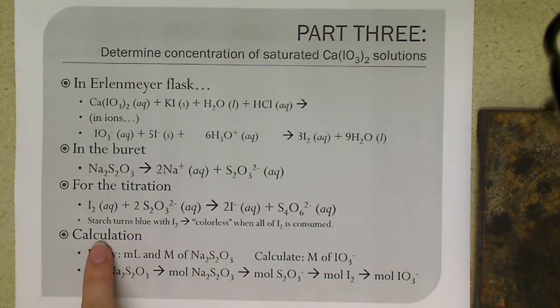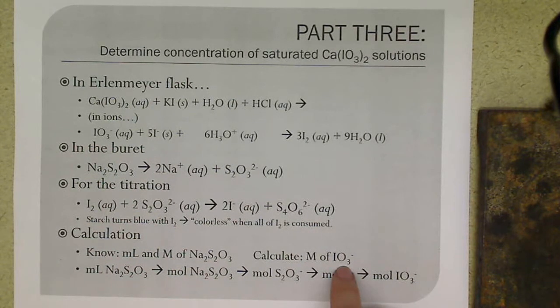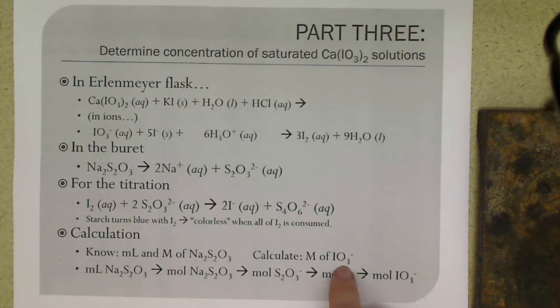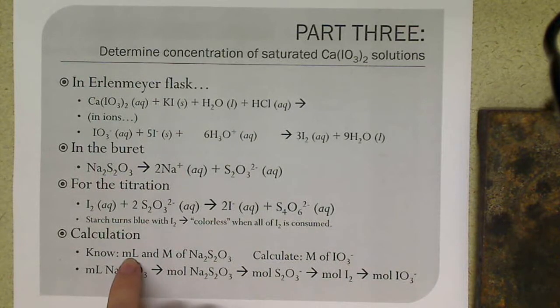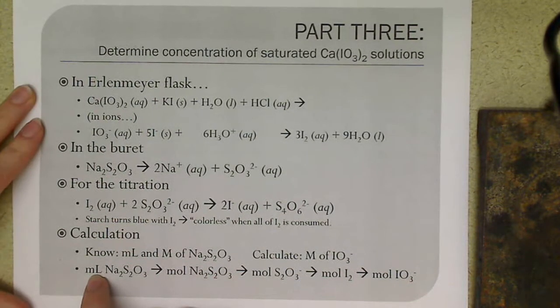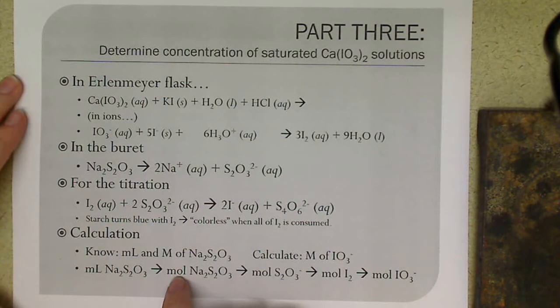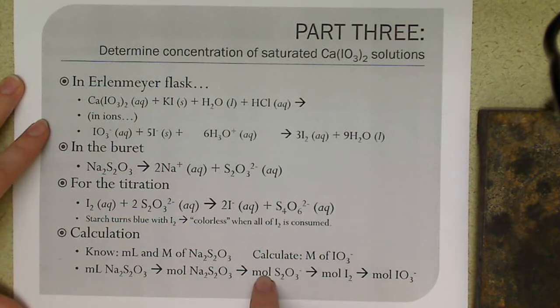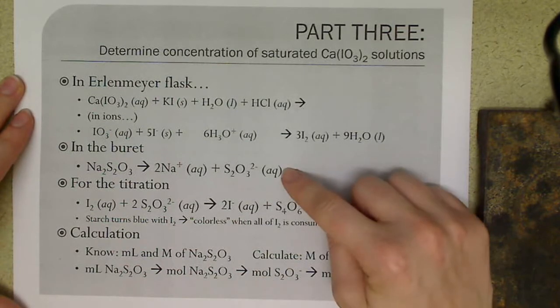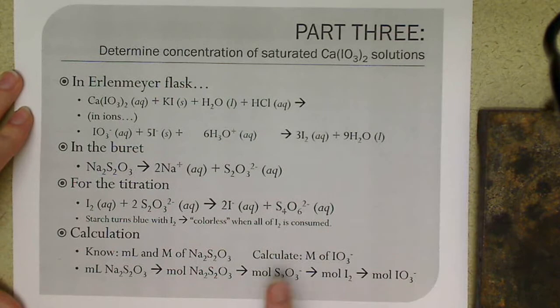What has changed in part 3 is now we do not know the concentration of the iodate ion, and that's what we are after. So we know our volume from our burette. That's what we start our calculation with. We use the molarity that you calculated from part 2 to go from milliliters to moles. And then we use that same kind of stoichiometry path, moles of sodium thiosulfate to moles of thiosulfate, using this equation here.